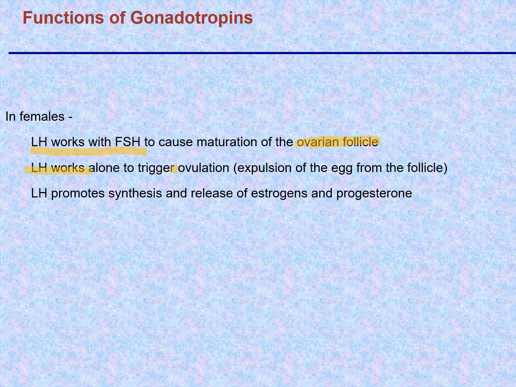So that's the mechanism of ovulation. Luteinizing hormone will trigger expulsion of the egg out of the follicle in the ovary. And luteinizing hormone also promotes synthesis and release of these two important steroid hormones in the female, estrogen and progesterone.